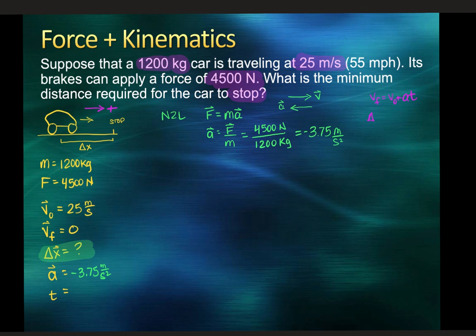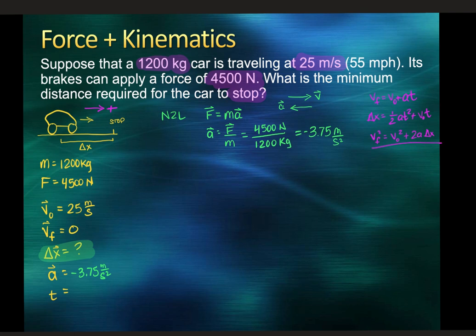We have delta x equals 1/2 at squared plus v initial t. Also not going to work for us, thank God, because of the lack of time. And finally, we have v final squared equals v initial squared plus 2a delta x. And here's the one that's going to work for us.